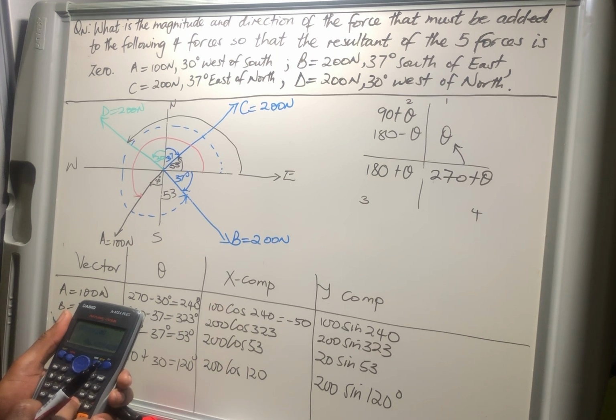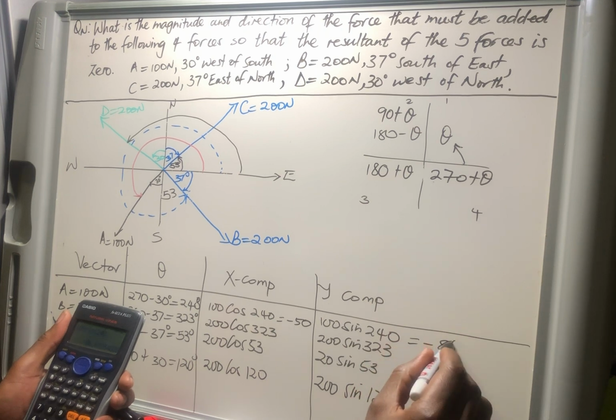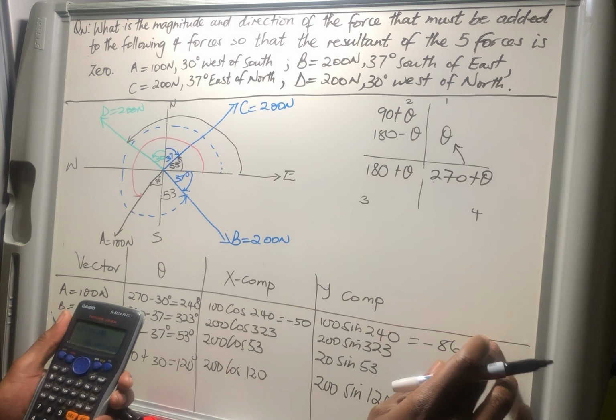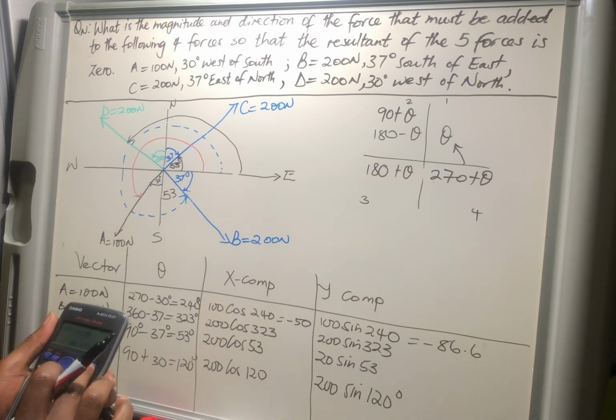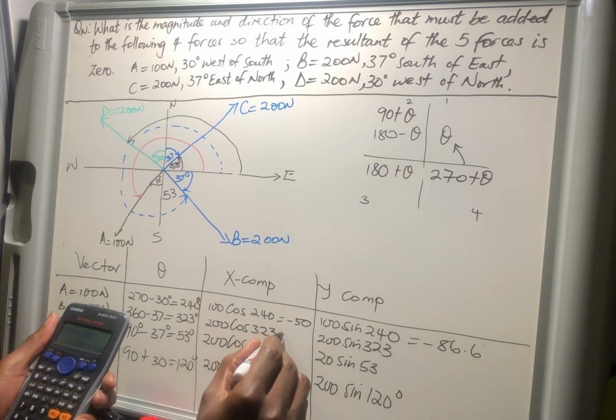We are getting negative 86.6. Then at the bottom there, we have 200 cos 323. We have 159.7.